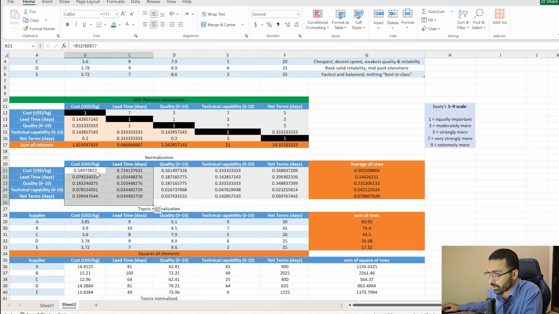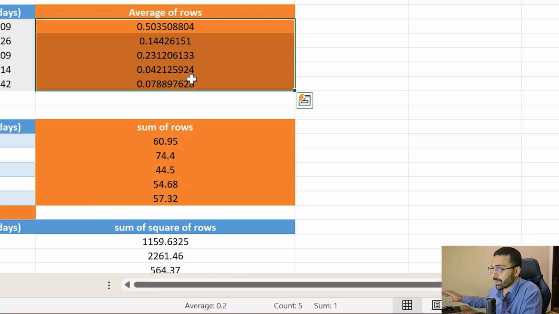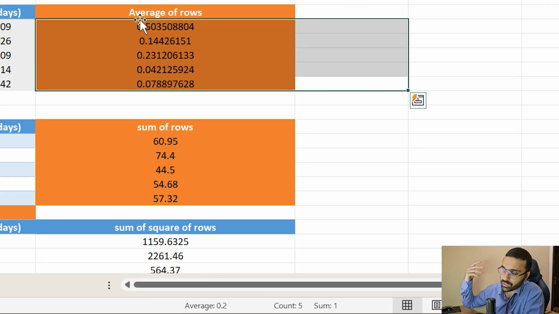And finally, we average each row to find the average of rows. This is our AHP weights section, and as you can see, the sum of these values is equal to 1. So these would be our weights for each criterion as the output of our AHP method.